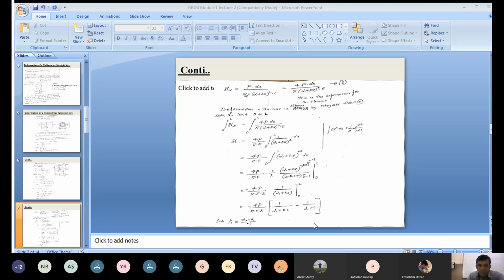Finally we get this value: minus 4 P divided by pi E k, times 1 over (d1 plus kL) minus 1 over d1. Again we put k equal to (d2 minus d1) by L. Now substitute that k value for further simplification.